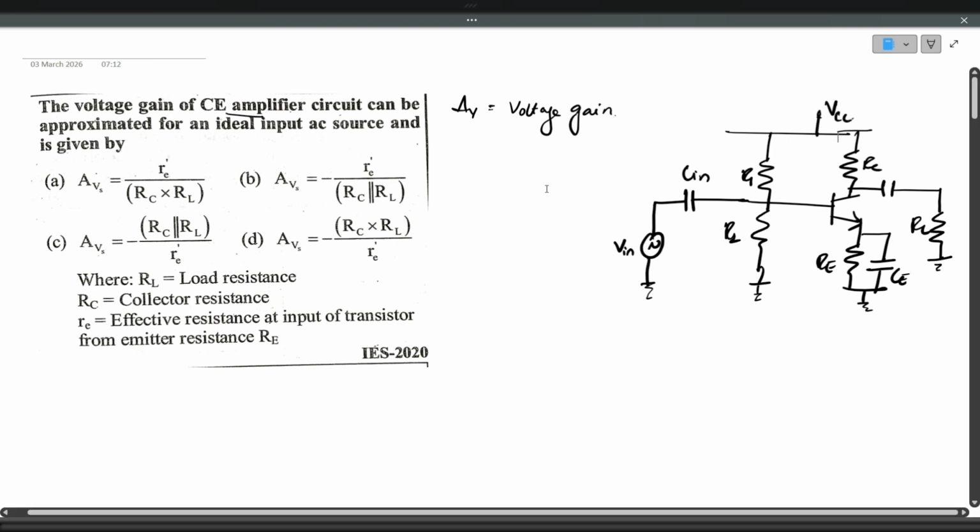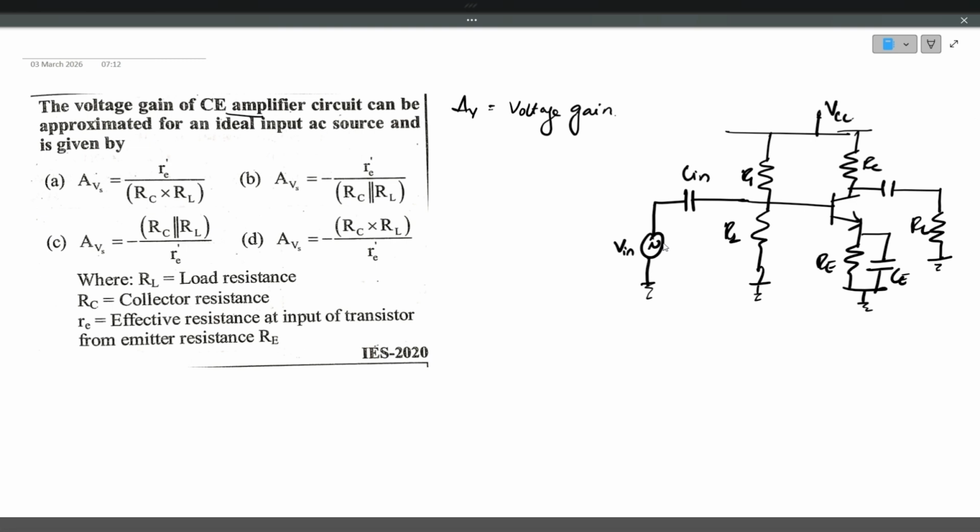But to calculate the gain, we have to consider the AC equivalent circuit, because we have to calculate the gain for AC signal.